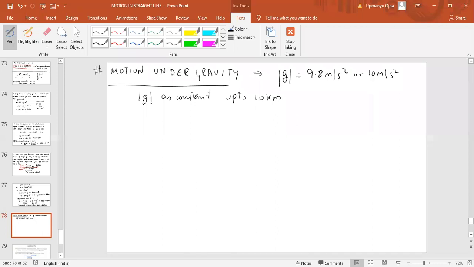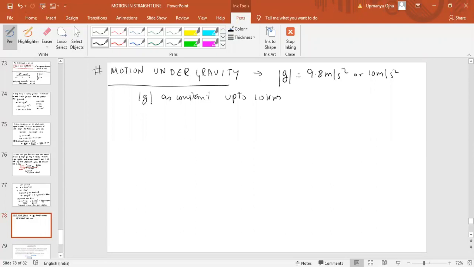But in kinematics, all the problems will come under this range only, meaning the ball will be dropped from less than 10 kilometers. You can take an example also. The highest building in the world is the Burj Khalifa. Its height is how much? I don't remember the height, but it is not 10 kilometers.